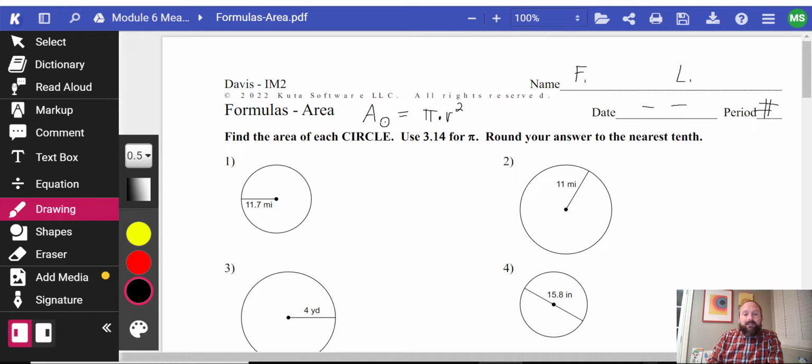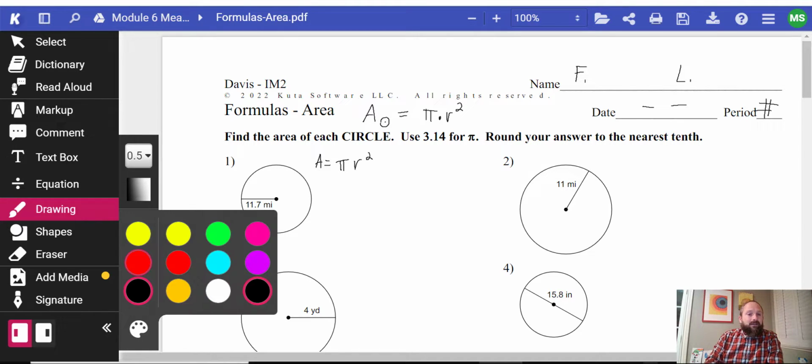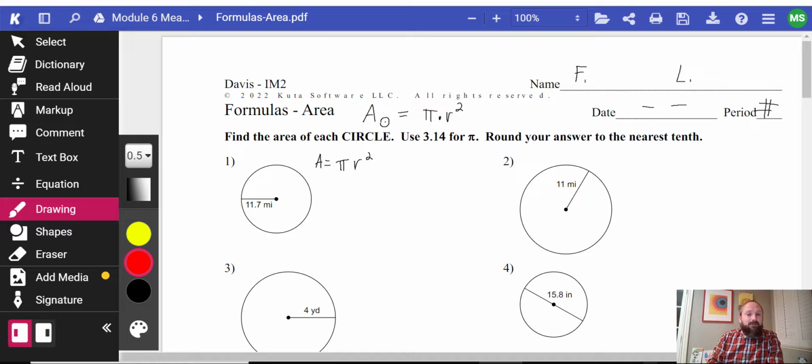So looking at this, I can write out my formula, area equals pi r squared. Now I'm going to substitute. Instead of pi, I'm going to put 3.14, and instead of r squared, I'm going to put 11.7 miles squared.